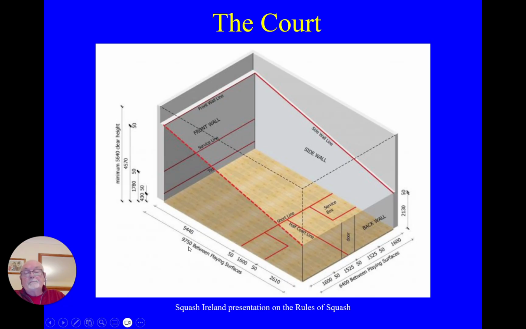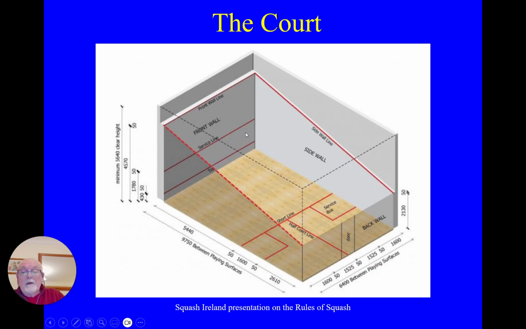with the length of the court from front wall to back wall being 9.75 meters. Other lines on the court then: the service line, above which the ball must be struck for a good serve, and the short line beyond which the ball must be struck for it to be a good serve, and the half court line. If one were to continue this line onto the front, it would bisect or half the court, hence it's called a half court line.